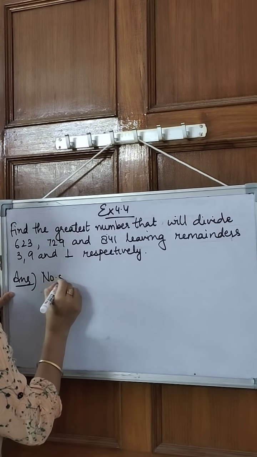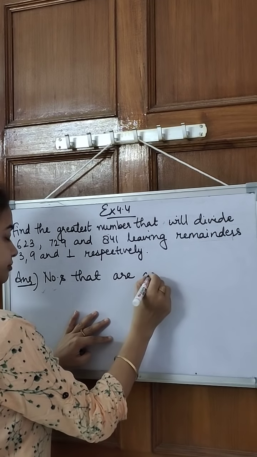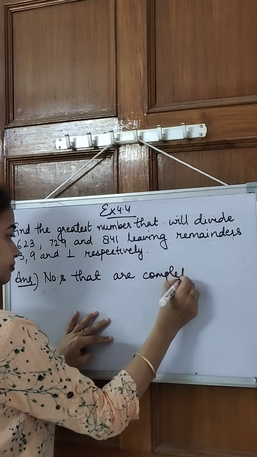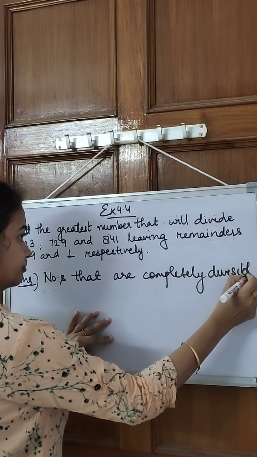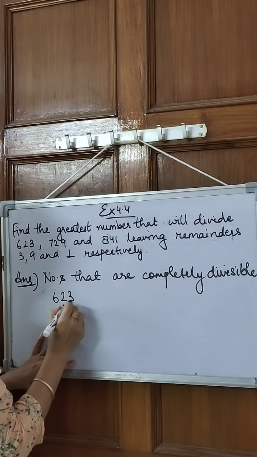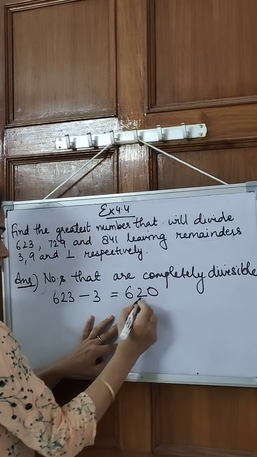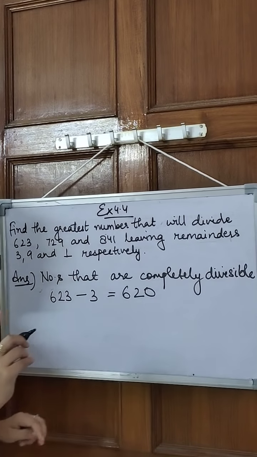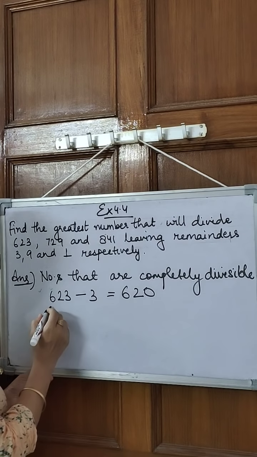So the numbers will be: from 623, I remove 3 and I get this. This number will be completely divisible because I have removed 3 from it, so I will get no remainder.